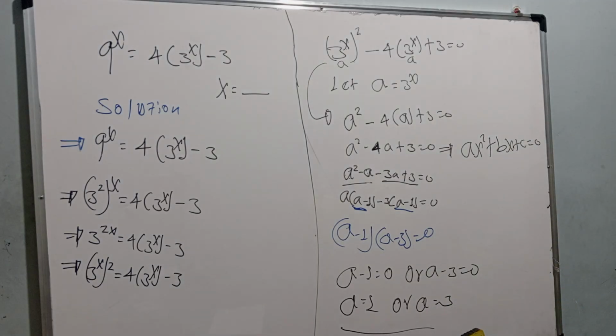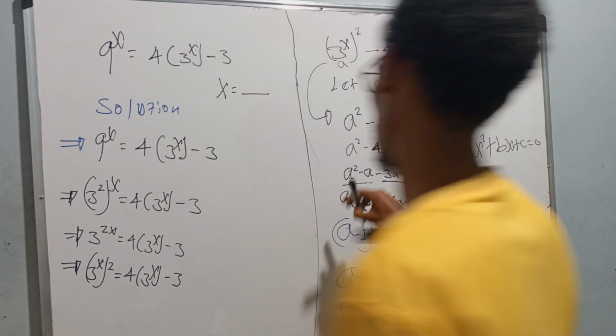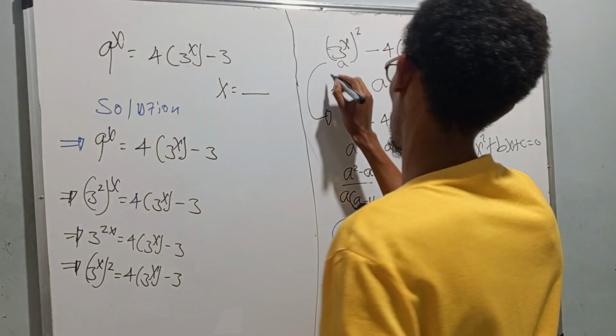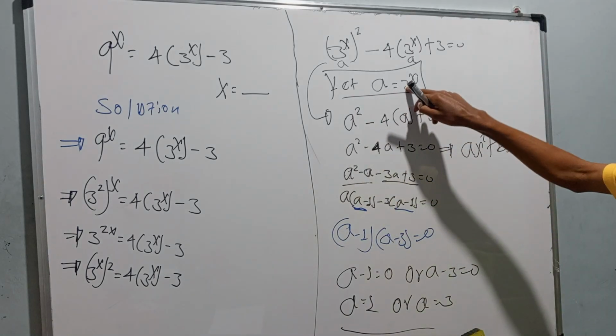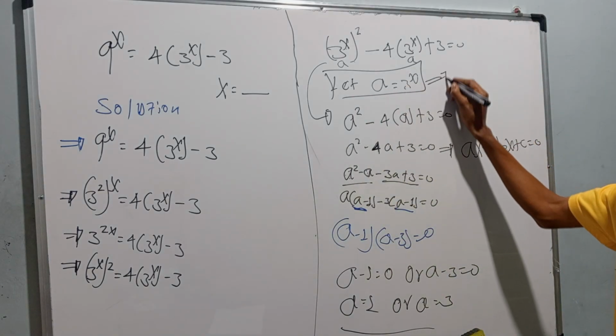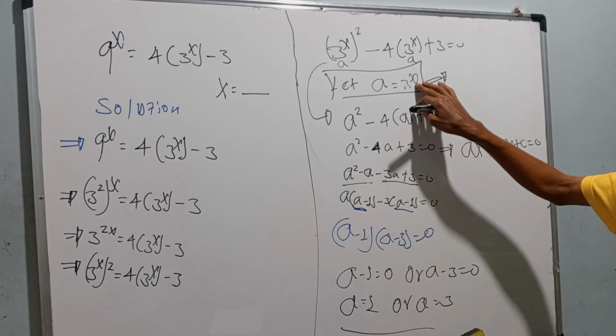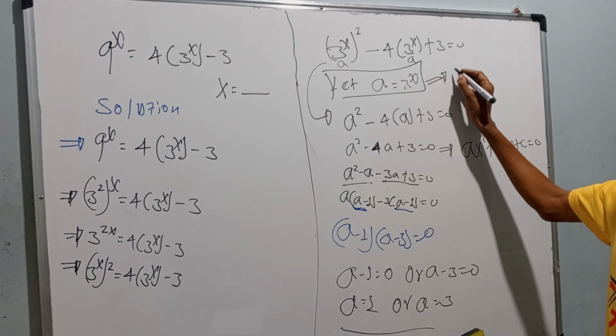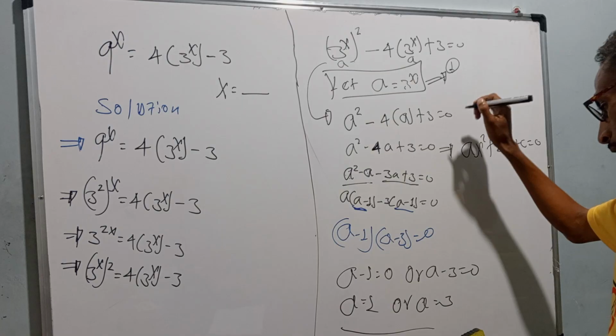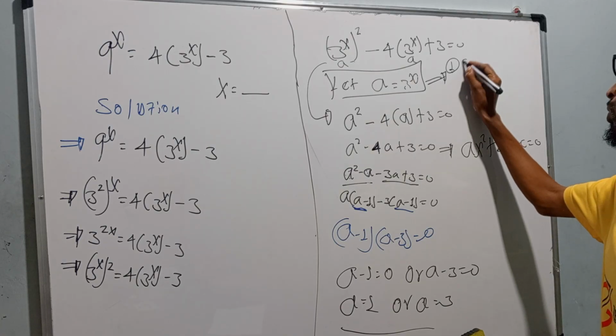Now we apply back substitution of the starting equation. That means we start from here by saying a is equal to 3 to the power of x. So by substituting the value of a, we can get each individual value of x. The first solution of a is 1.